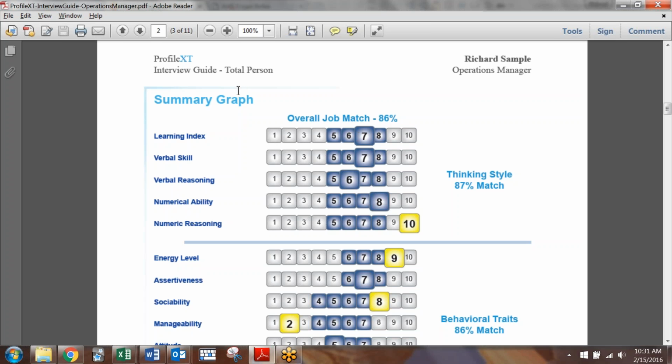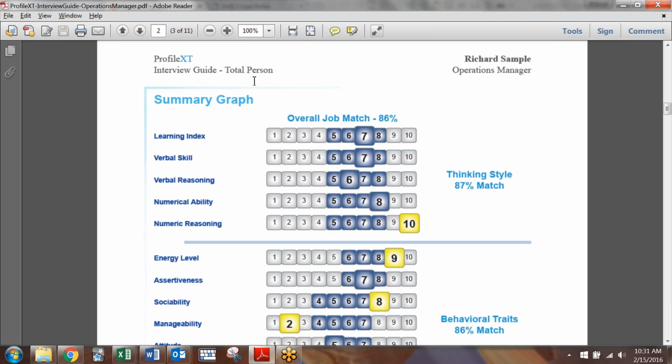A person can actually have a very high IQ, and I've seen this with a group of managers I had IQ scores for at one point, where one of the people with the highest IQ had a relatively low learning index, I think it was a 3. So they have a lot of information. The analogy I've seen before is to think of two one-gallon containers: one is a jug that has a small opening, and the other is a bucket with a very wide opening.